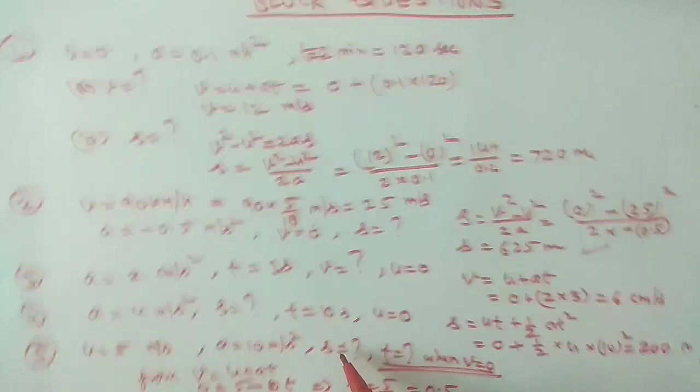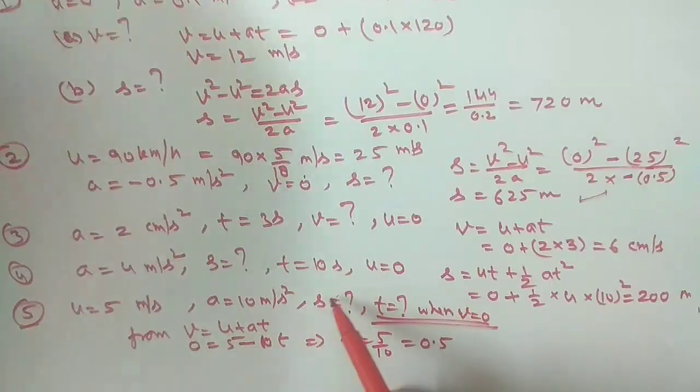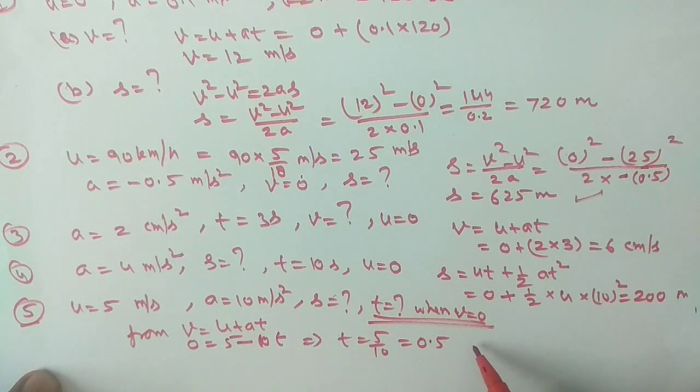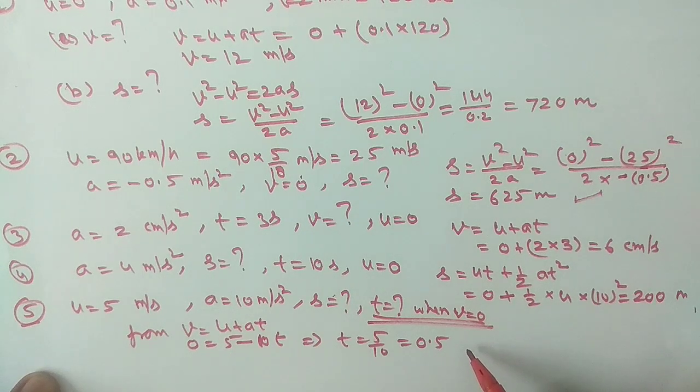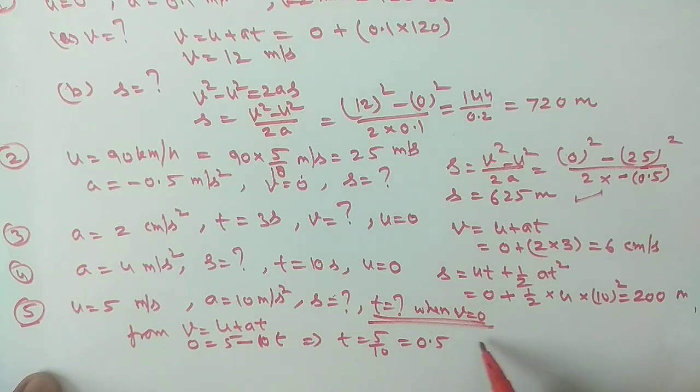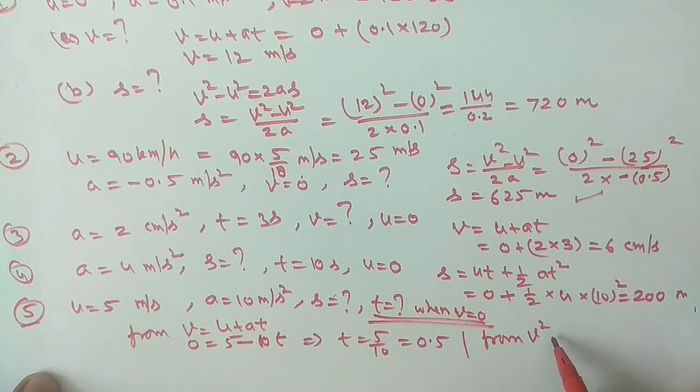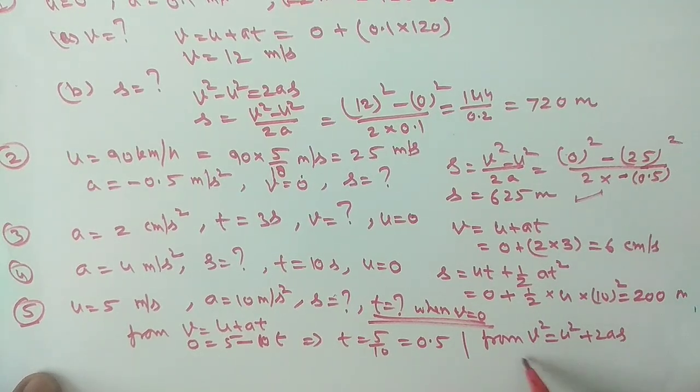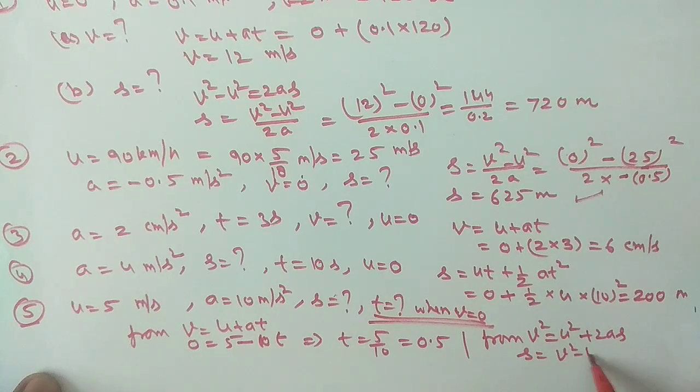Now you have to find the displacement also. So to find the displacement, use the third equation. Okay, so from v square is equal to u square plus 2as, s is equal to v square minus u square upon 2a.